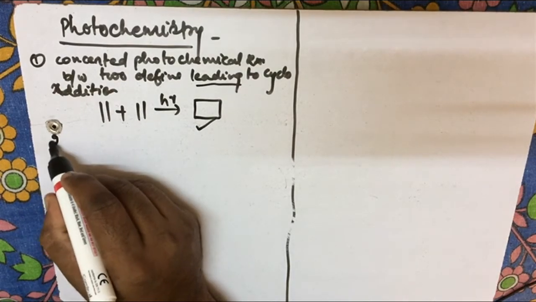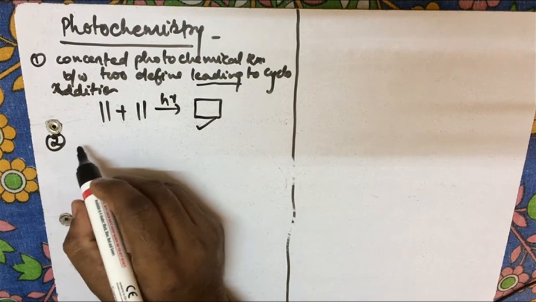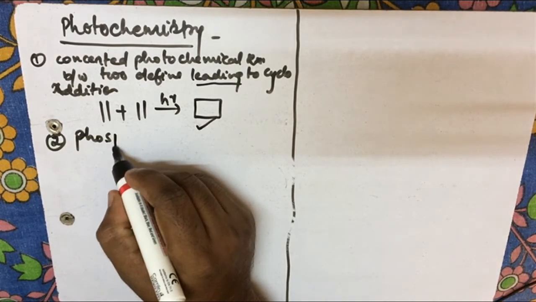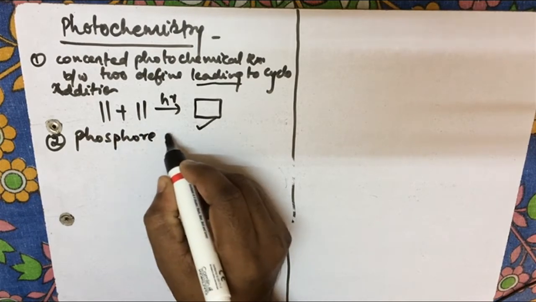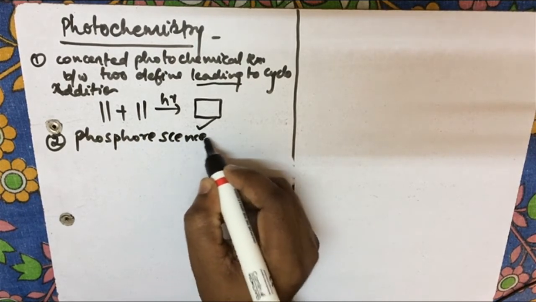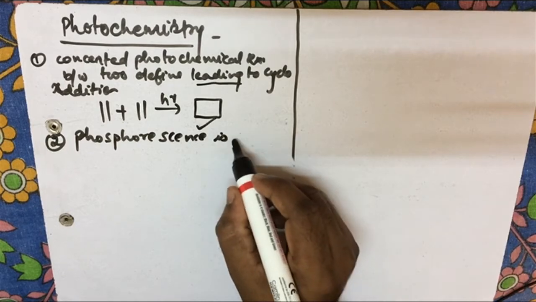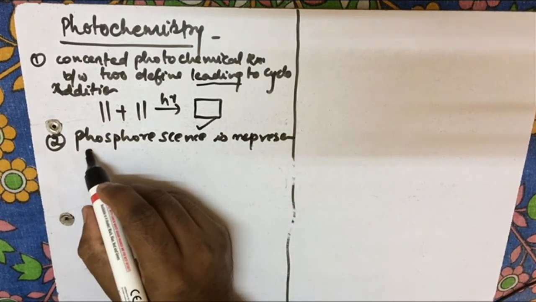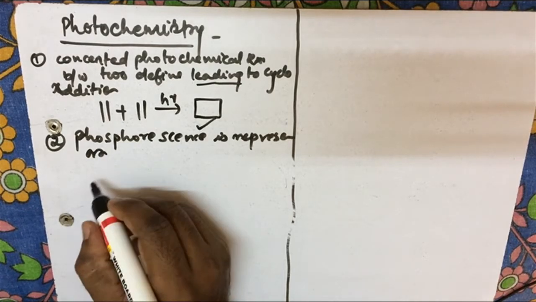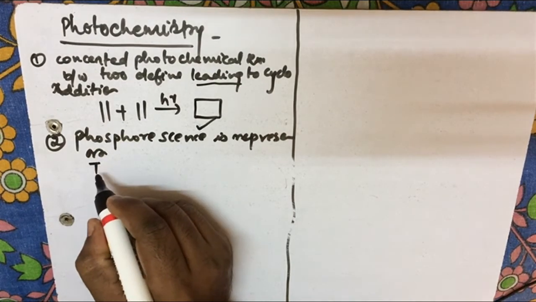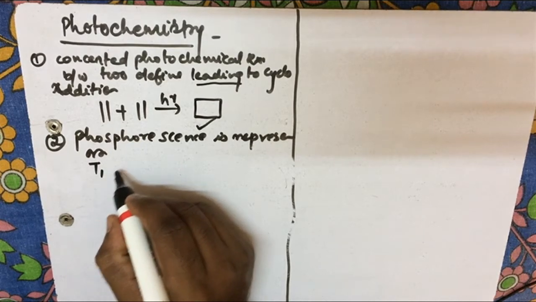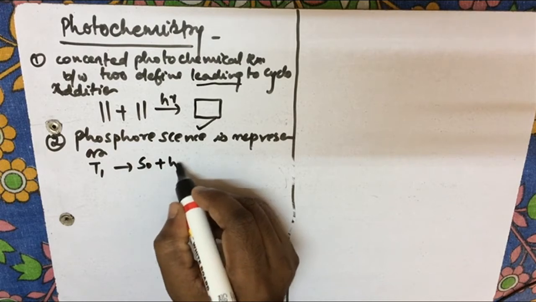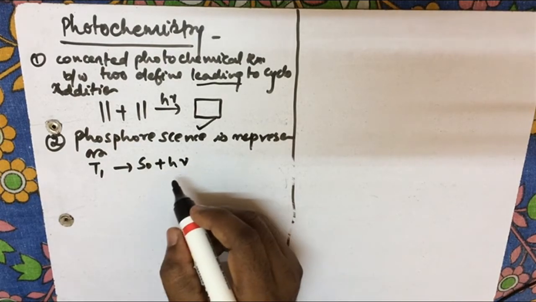Points to note: phosphorescence is represented like this. The transition happens from the triplet to the singlet ground state, and energy is released.